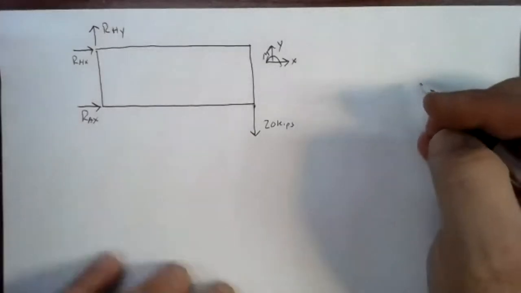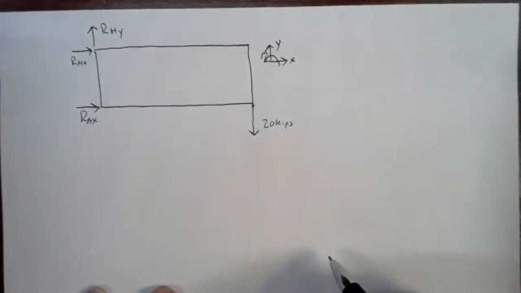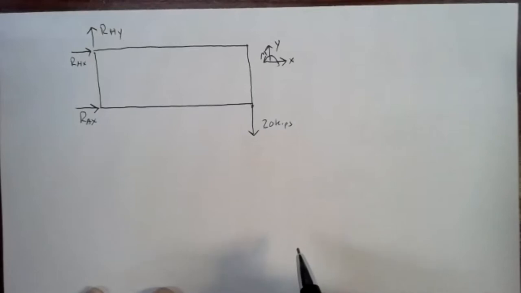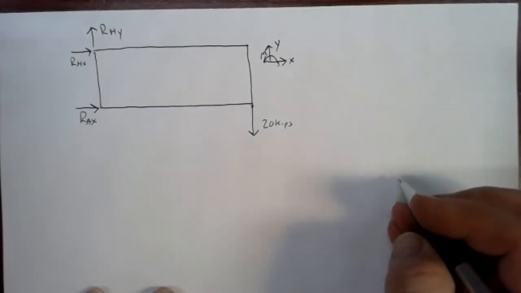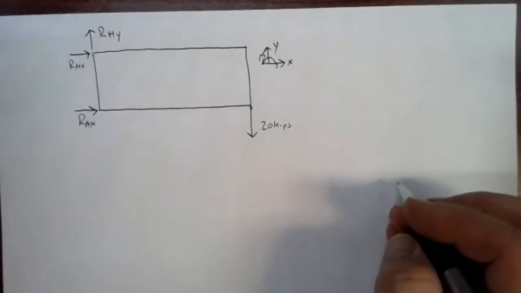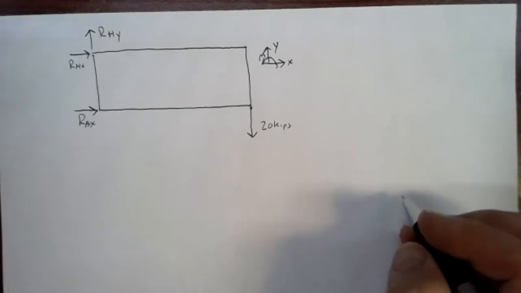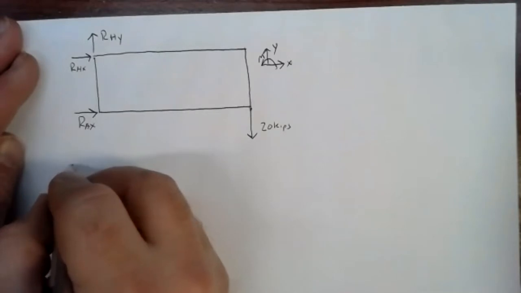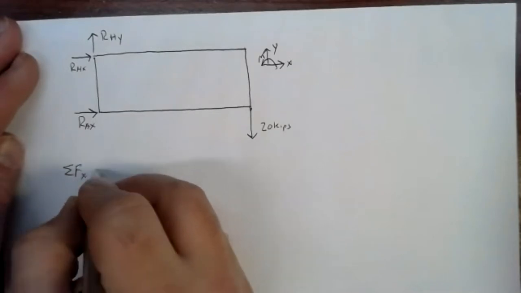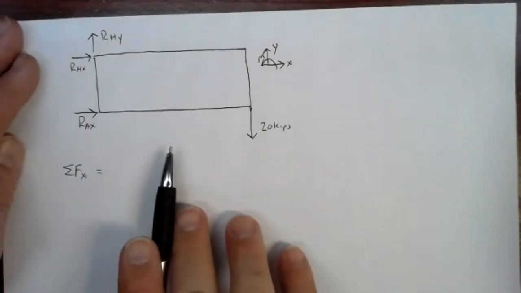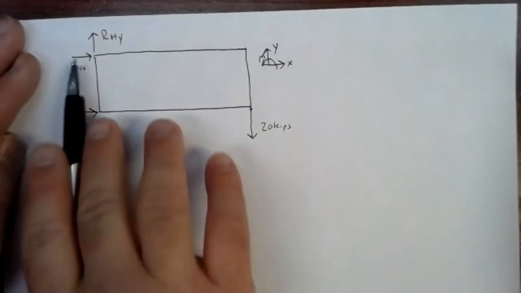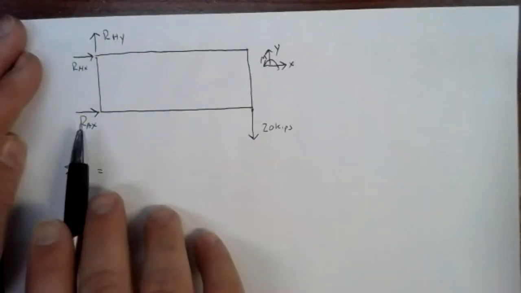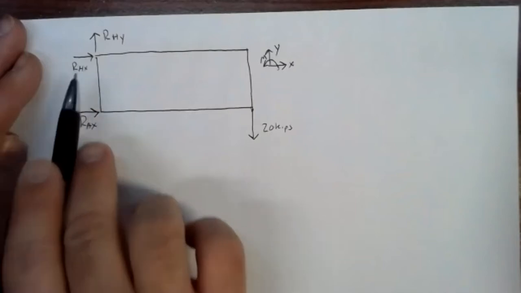The external problem is a non-concurrent force problem. So we have to take our sum of forces in the x direction, sum of forces in the y direction, and sum of moments about a point equal to 0. So let's do our sum of forces in the x direction. Looking through the four external forces on this truss, only two of them are in the x direction.